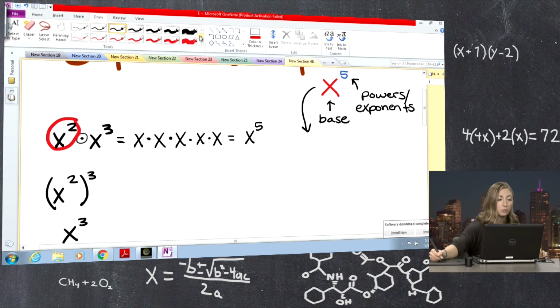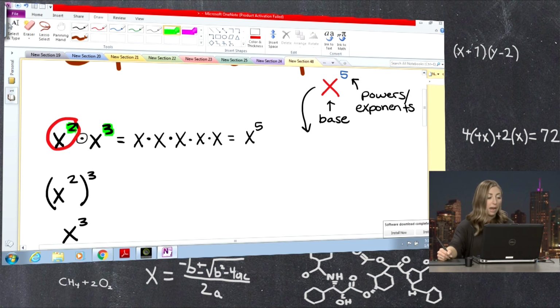What I would hope you notice, and I'll get my highlighter so you can see what I'm talking about, is that when I have the same base and we're multiplying the powers and want to simplify, we want to think about how 2 and 3 are related to each other. Well, 2 plus 3 is 5.